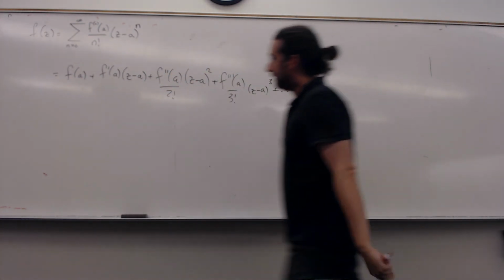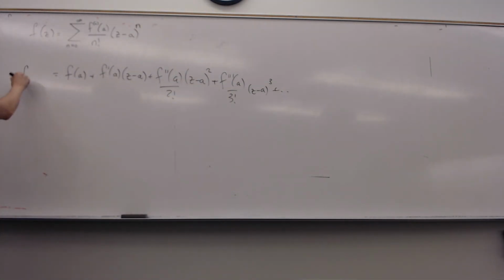If this is equal to f of z, this is what I want. I want some way to use the machinery of integration. This is going to be weird because we're going to use integrals to find derivatives.